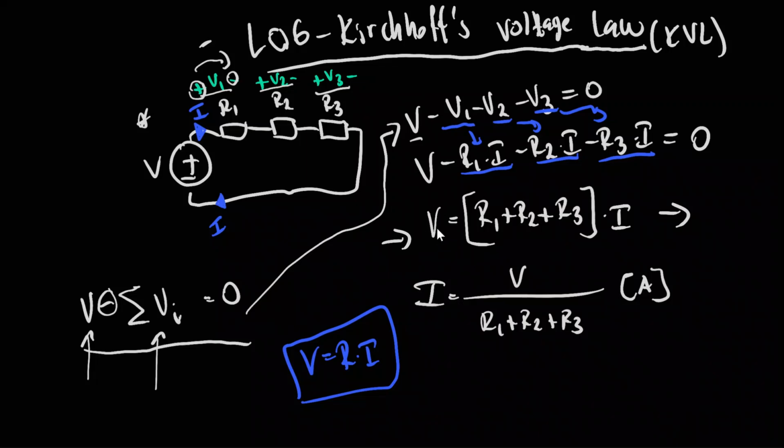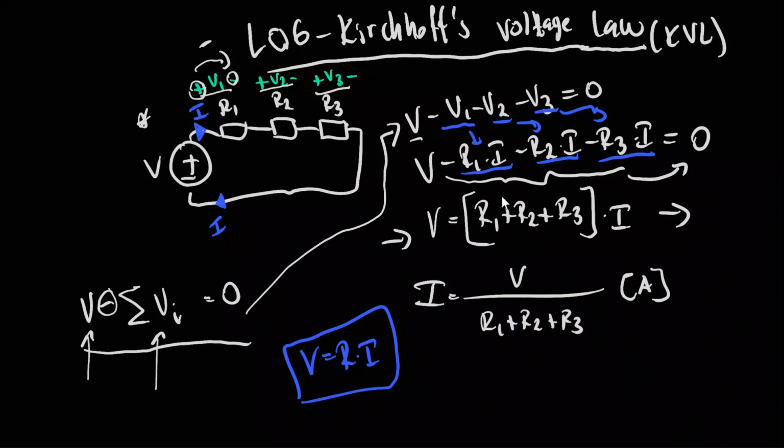So we say that the voltage, if we move everything to the other side, so we move this to this side, is equal to R1 plus R2 plus R3 times the current, right? If we just move this into brackets, the resistance.